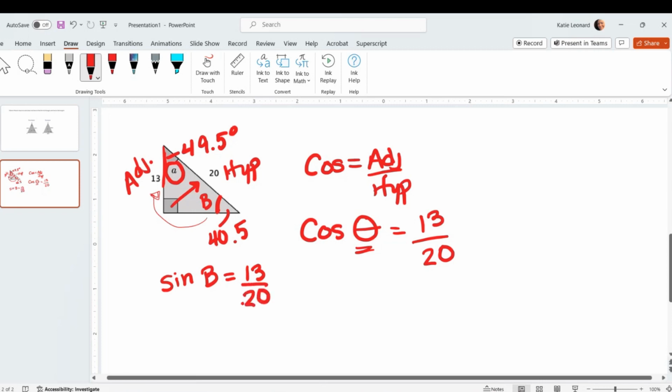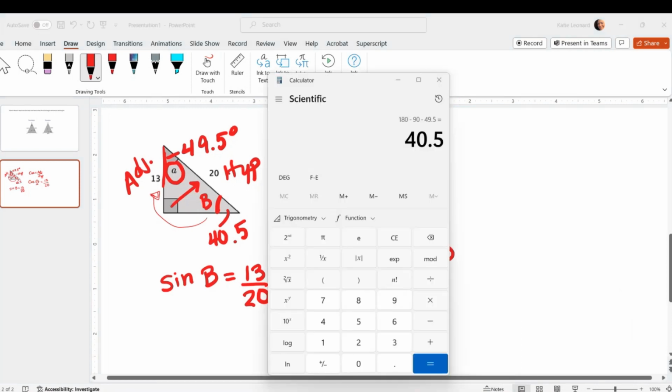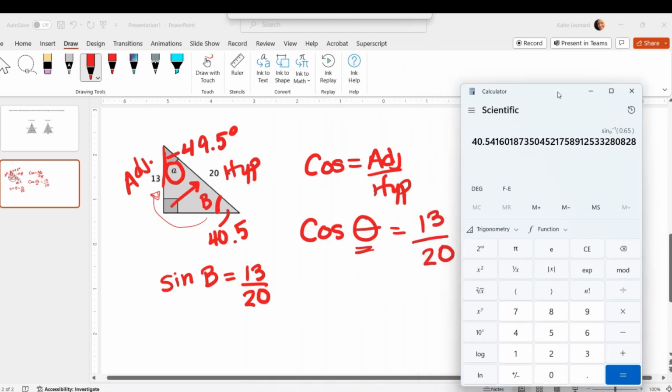All right, and again, we're going to be trying to find our angle measurement. 13 divided by 20. And then we're going to go to trig, second, and we're going to do the inverse sine. And what do we notice? We got 40.5416, and so on and so forth. But 40.5 if we round to one decimal place, which is exactly what we got when we did it using the inverse of our cosine function.